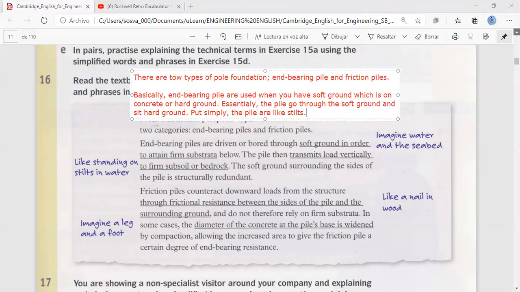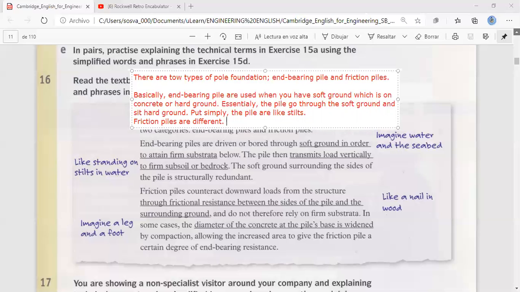And then you have the friction piles, which counteract downward loads. Aquí ya vamos a hablar de las otras. Hay que marcar diferencia. Vamos a decir friction piles are different. Why? Because it says the piles counteract downward loads from the structure through frictional resistance between the sides of the pile and the surrounding ground.